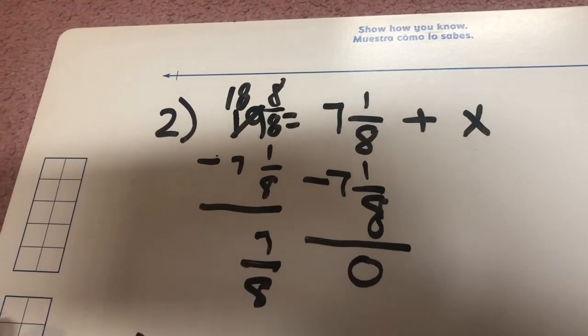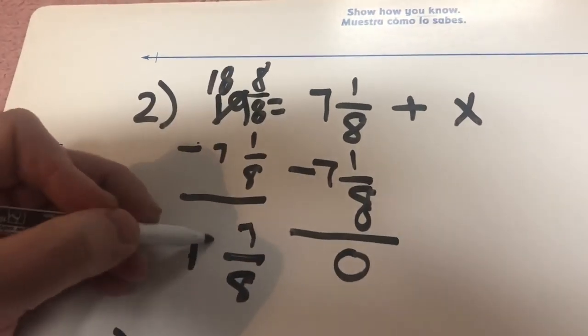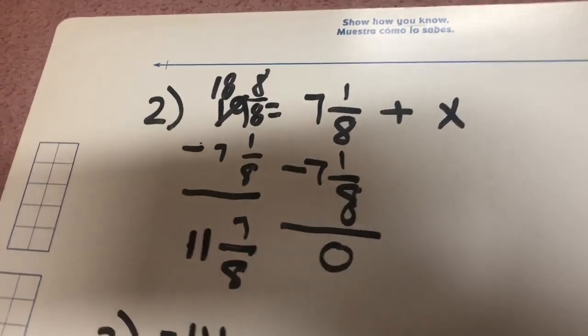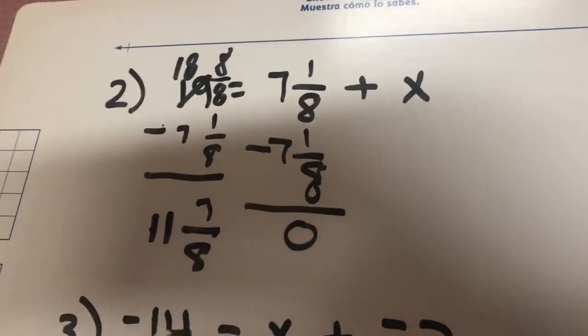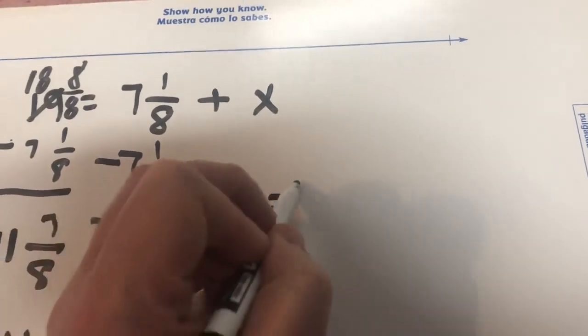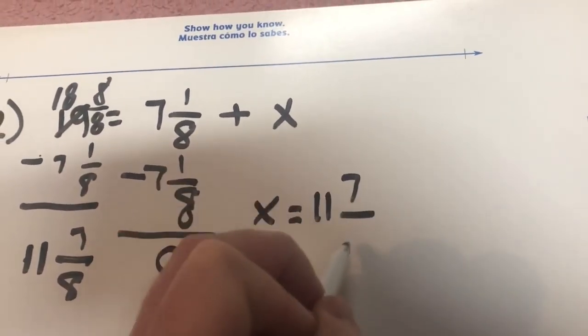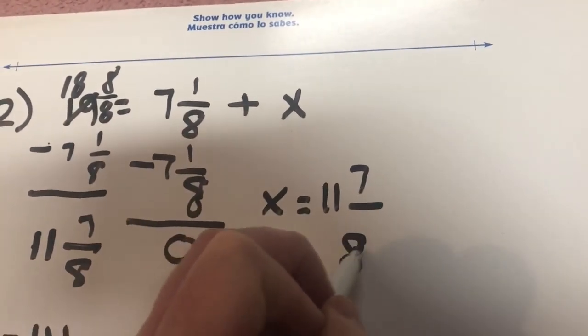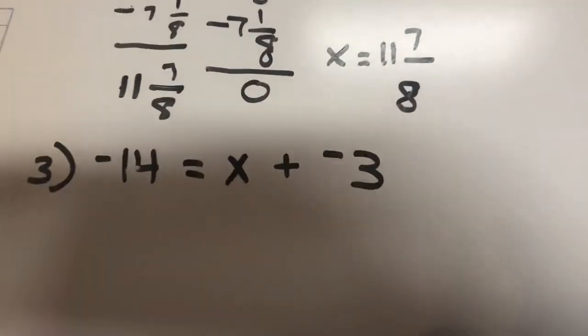Then I'm going to do 18 minus 7. 18 minus 7 is 11. I end up with 11 7/8. So here I'm finding, sure enough, that x equals 11 7/8.